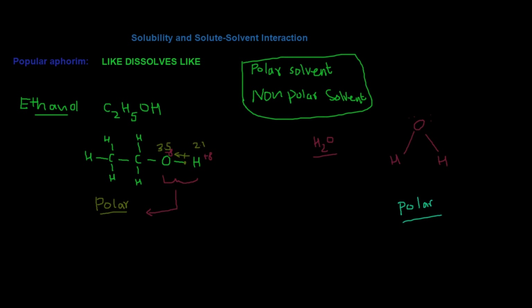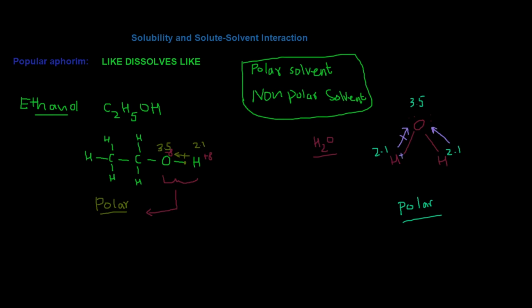The reason is the same. Oxygen is having more electronegativity value, that is 3.5. For both the hydrogens we have the electronegativity value of 2.1. So this oxygen being more electronegative will drag the electron density of hydrogen toward itself from both the hydrogen atoms, and as a result different poles would be created.